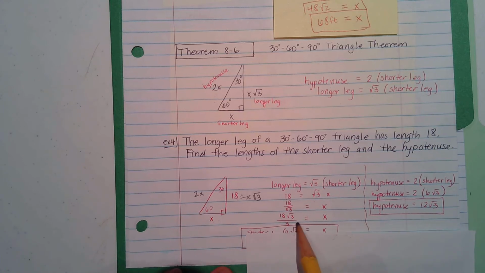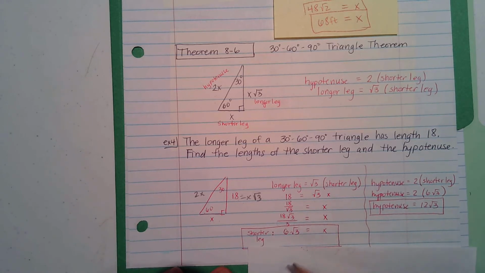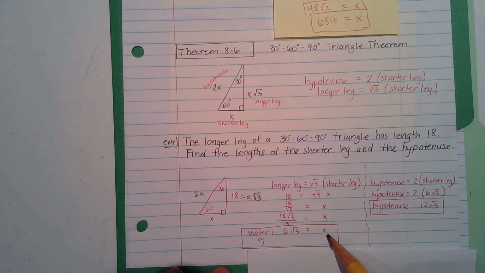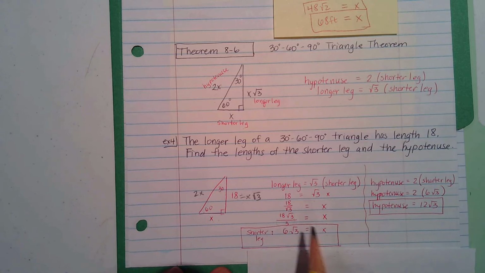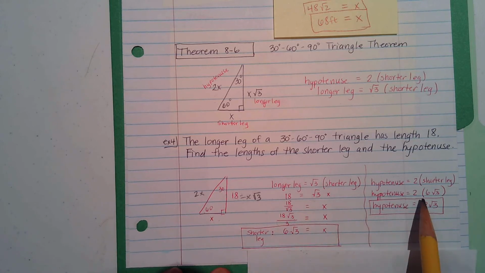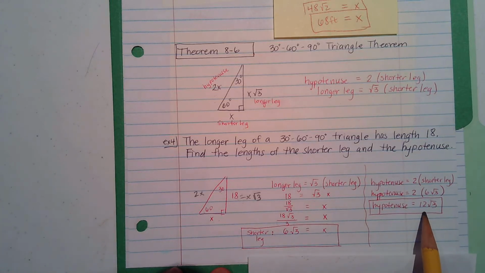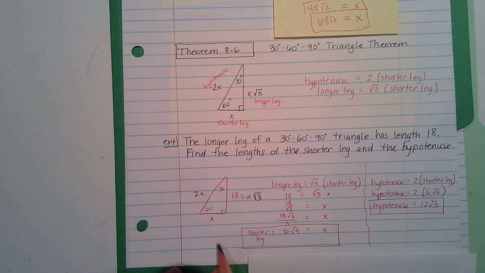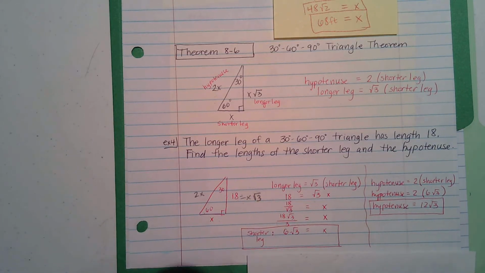Well, if we already know what x is, we just substitute this in here. So let's simplify. 18 over 3 is 6 radical 3 equals x. So now we could, again, substitute this in here. So 2 times x is 2 times 6 radical 3, which is 12 radical 3. So the hypotenuse is 12 radical 3. The shorter leg is 6 radical 3. And it's all based on what they gave us at the beginning.